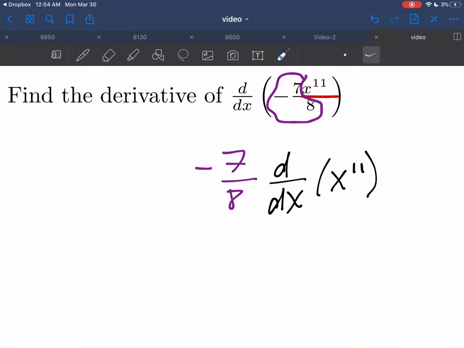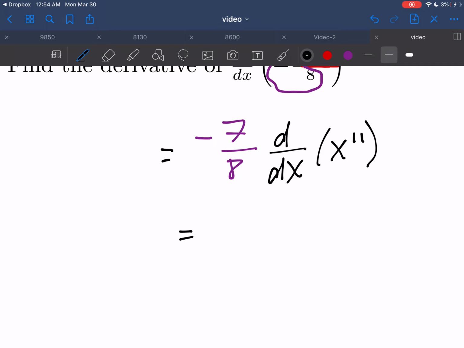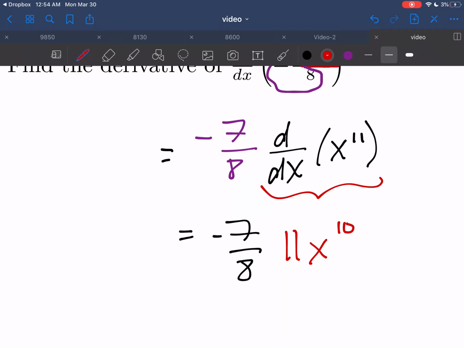Now, what rule is this going to be in here? So we evaluate the derivative the same way we have our derivatives before. We see it's x to the 11th, so that says power rule. So we just carry the negative 7/8 along, and our derivative of this is going to be 11x to the 10th, since 11 minus 1 is 10.